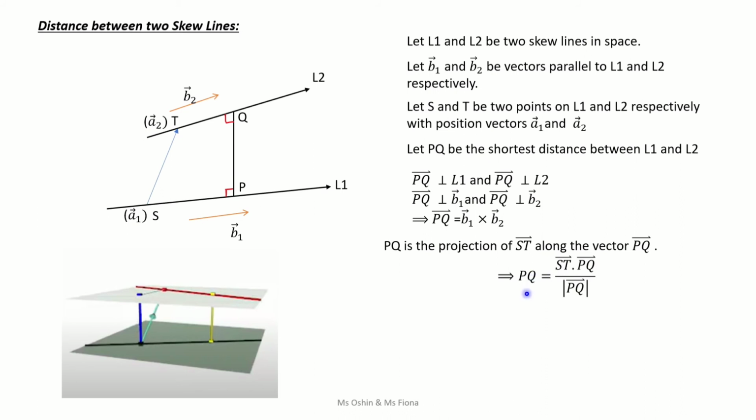So OT vector is nothing but A2 vector and OS vector is nothing but A1 vector. So substituting, we get A2 vector minus A1 vector dot B1 vector cross B2 vector divided by magnitude of PQ, which will be magnitude of B1 vector cross B2 vector.